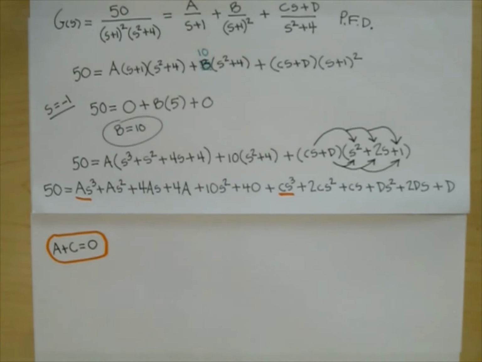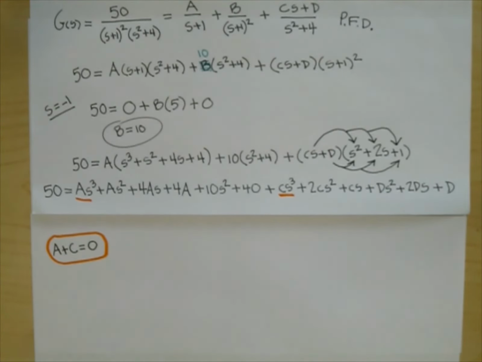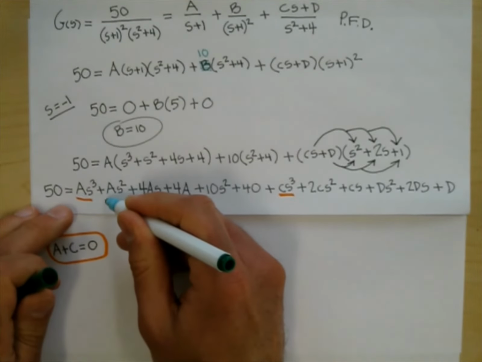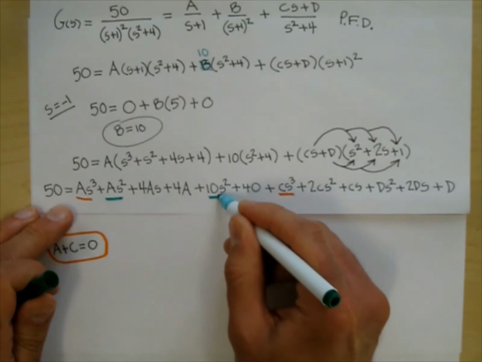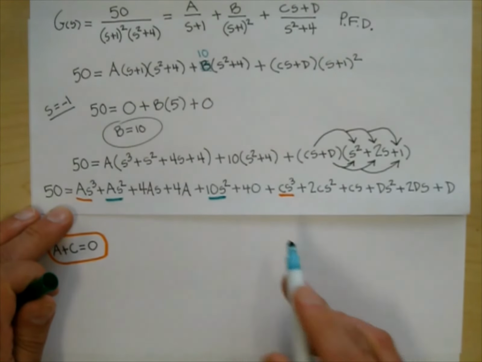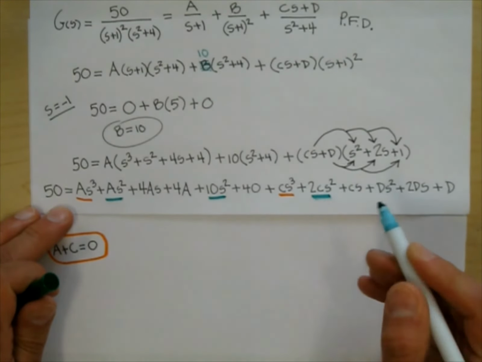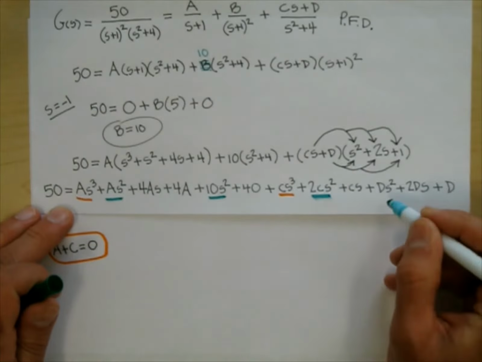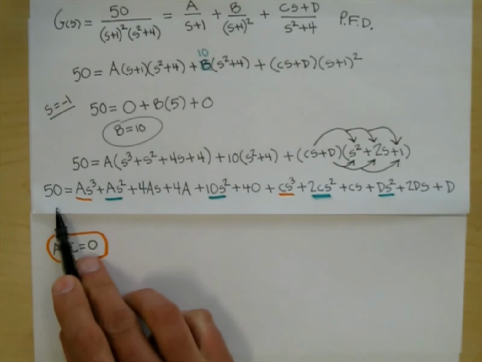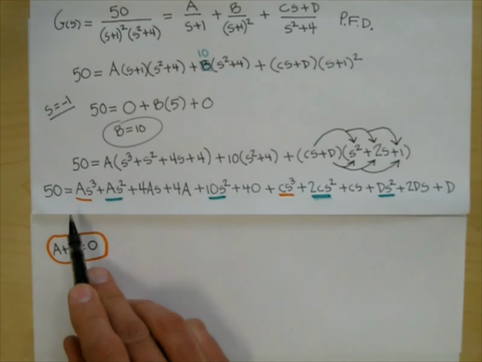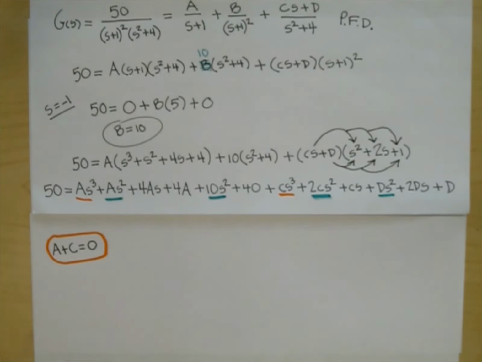Okay, now what I want to do is the same thing with my s squared, so I pick another color like green. So there's an s squared term. Here's an s squared term. An s squared term. And there, wow, we have 4 of them on the right hand side. On the left hand side, where the 50 is, there's a 0s squared. Just wanted to remind you about that.